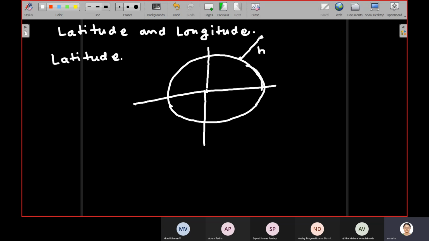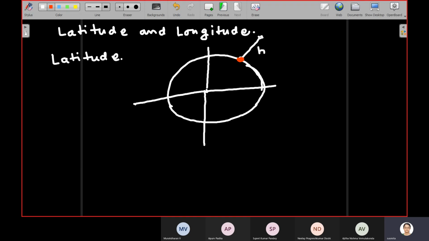Now, if we extend the normal from the body to the ellipsoid surface, it intersects at this point. So it intersects the ellipsoid surface at this red point. Correct.